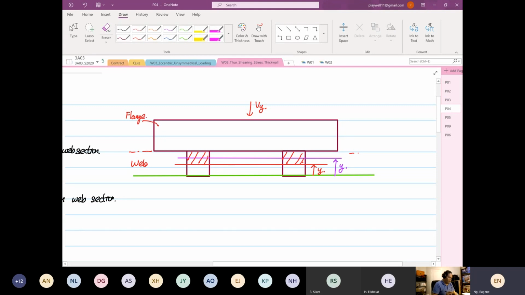When we are analyzing the web now, we have to include the area of the flange. We have to include the first moment area of the what? Flange. Okay. Why is that? Because the shear force Vy will transmit the shear stress from the flange to the web.